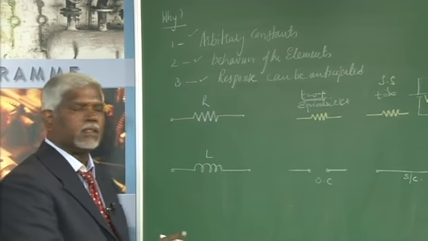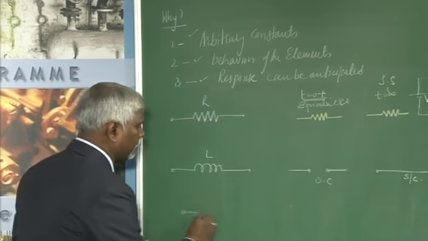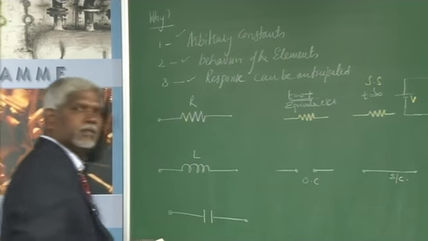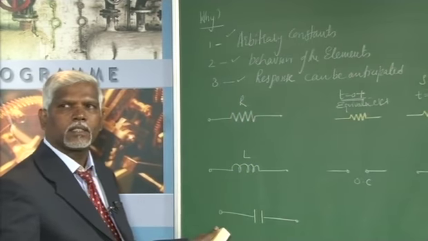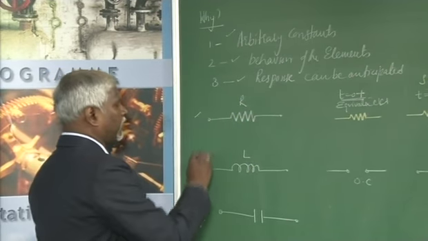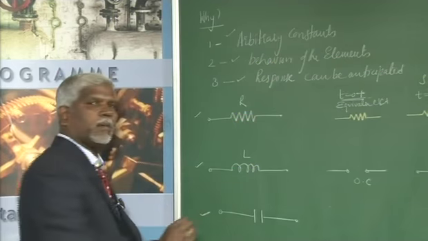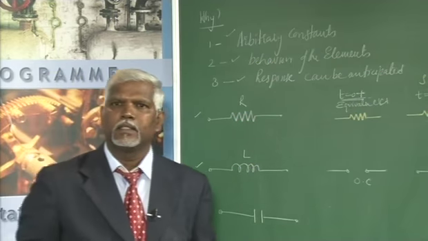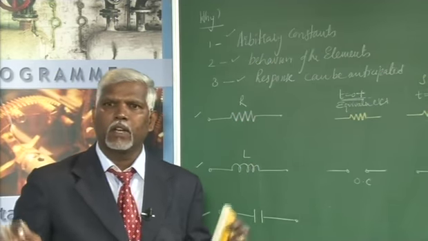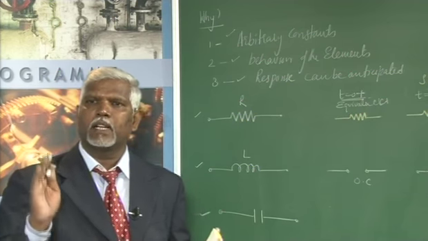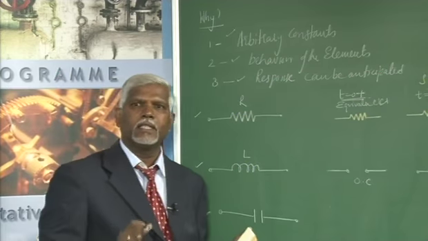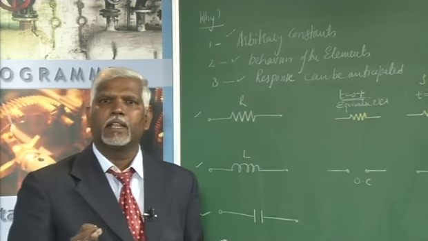Similarly, if I just take a capacitor into consideration, what is the difference between an inductor and a capacitor? First of all, we need to understand the 3 elements. All 3 elements are assumed to be linear in circuit analysis over a given range. It's just an assumption; it need not be linear.